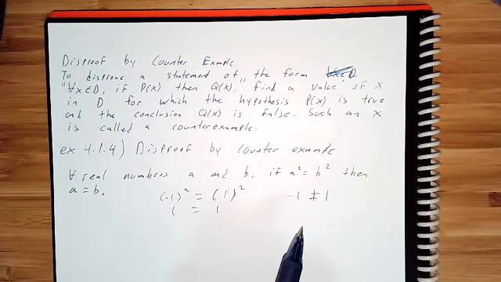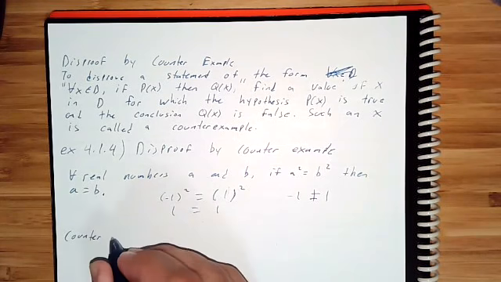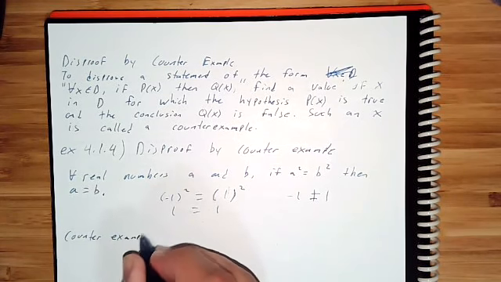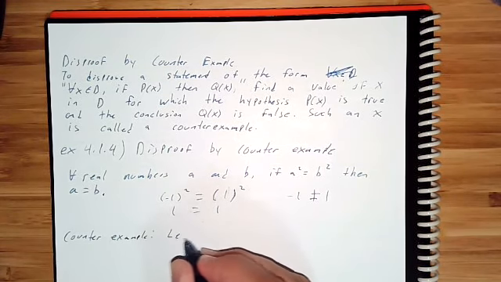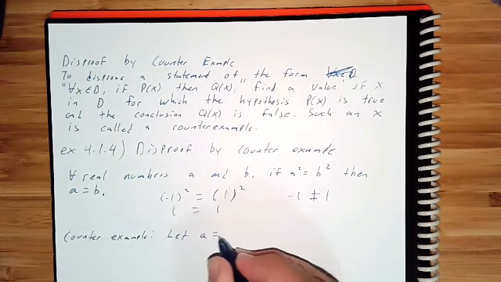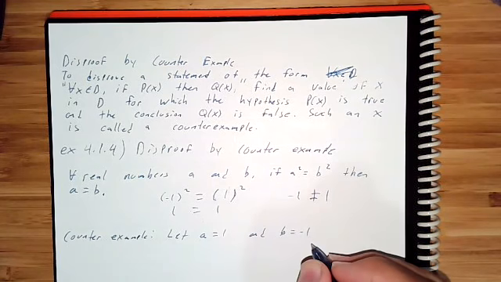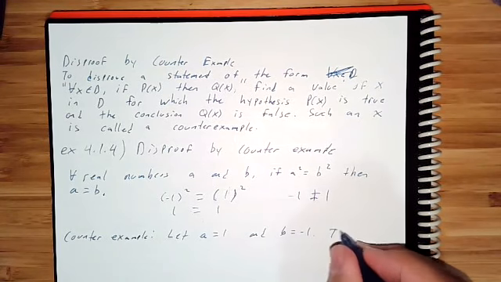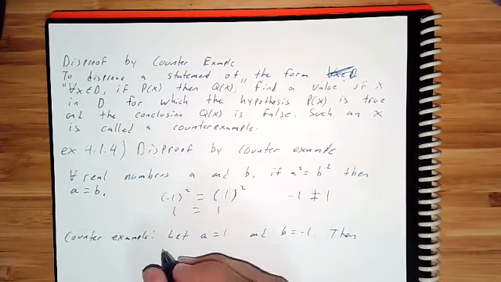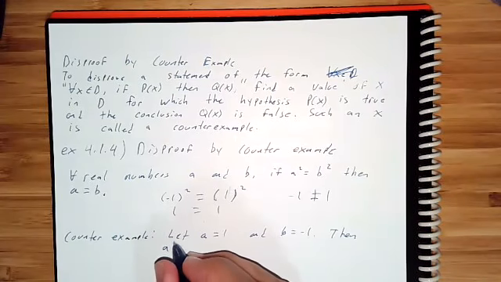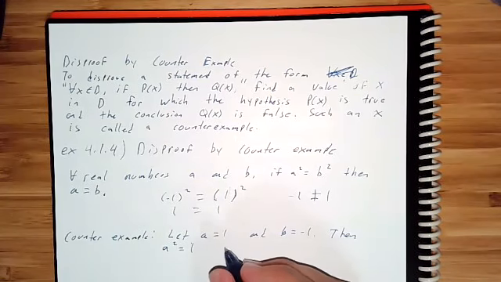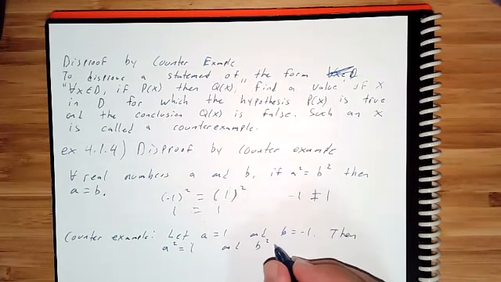This is a counterexample. So formally written, you'd say counterexample: let a equal 1 and b equal -1, then a squared equals 1 and b squared equals 1.